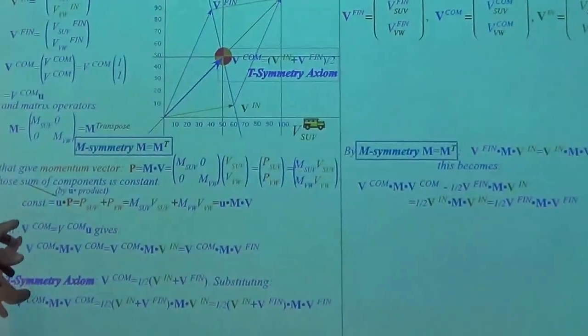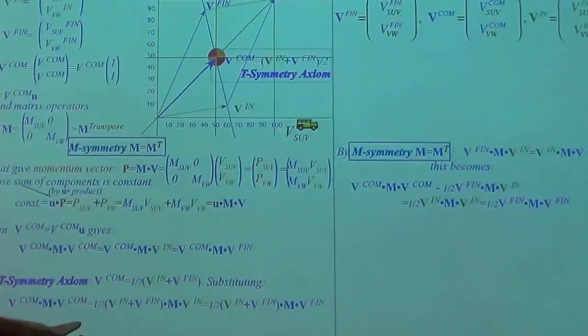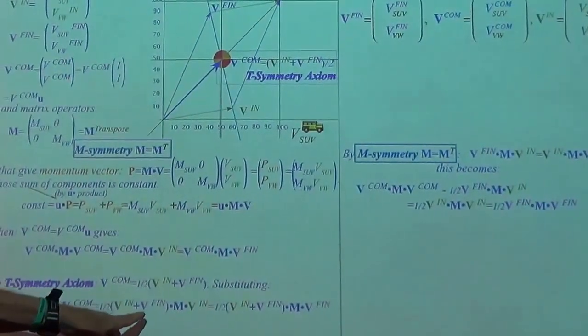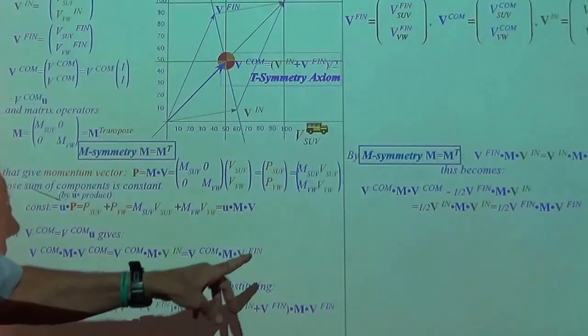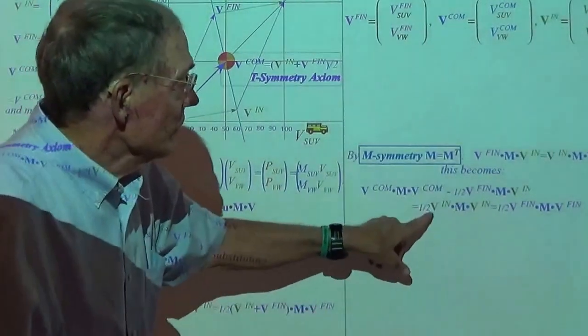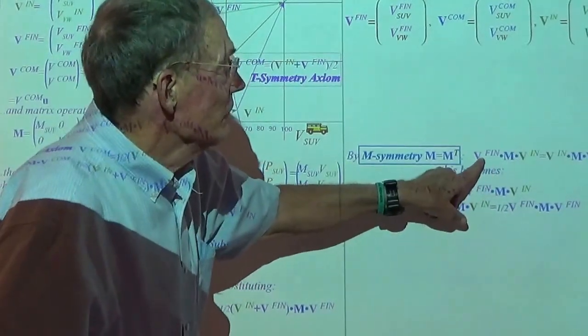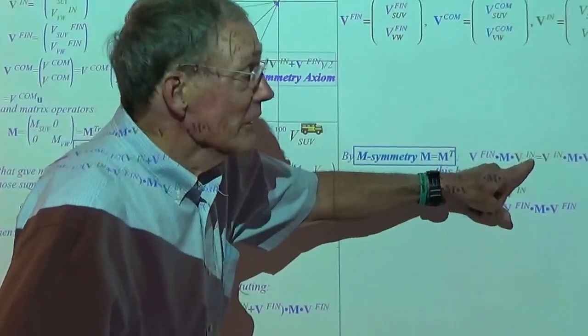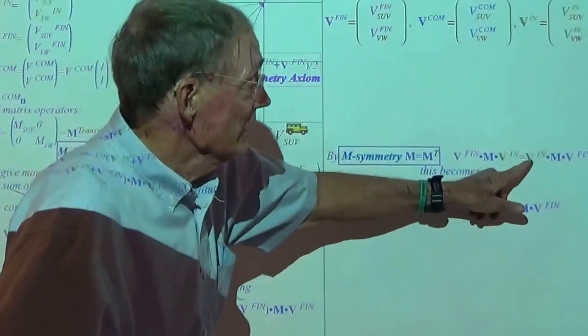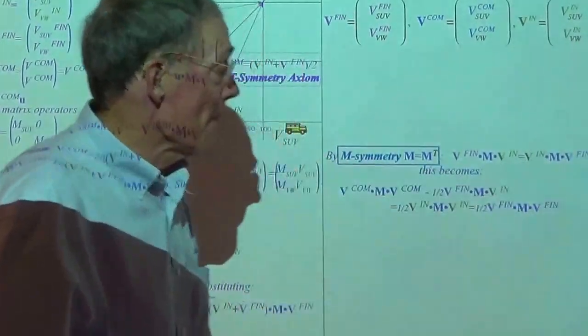The important thing is that the transpose is there. So either way you do this thing right here, fin m dot in has got to be equal to in m dot fin.